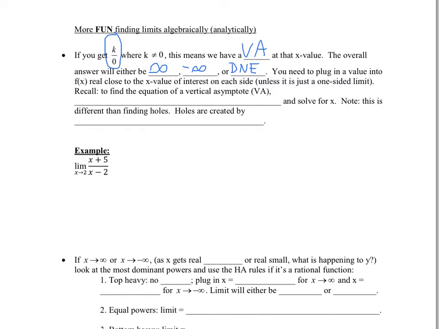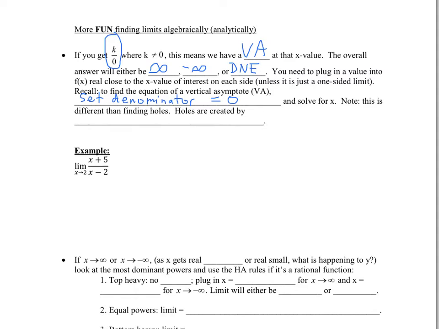Now recall that to find the equation of a vertical asymptote, or a VA, you're going to set the denominator equal to 0 and solve for x. Okay, set the denominator equal to 0 and solve for x.